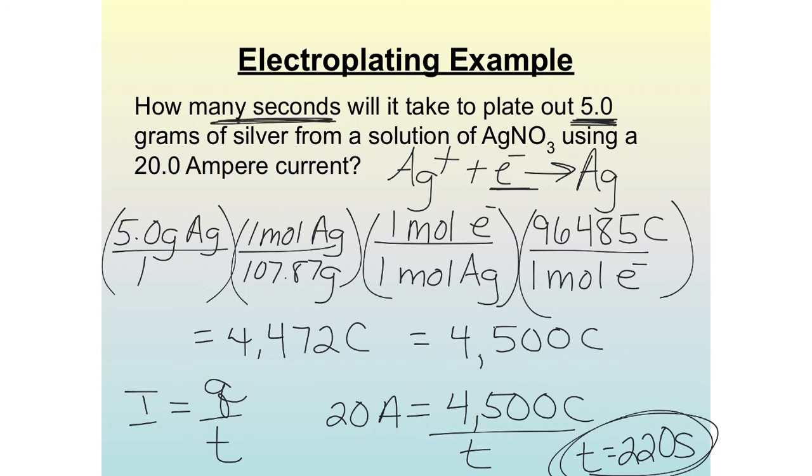Make sure when we are doing a problem like this that we pay attention to what unit they wanted. You know, if you wanted minutes or hours, then you would make sure that you put the appropriate conversion in there. So this finishes up chapter 20.